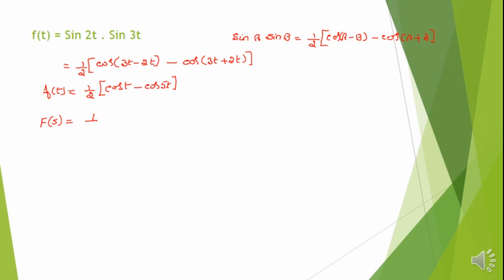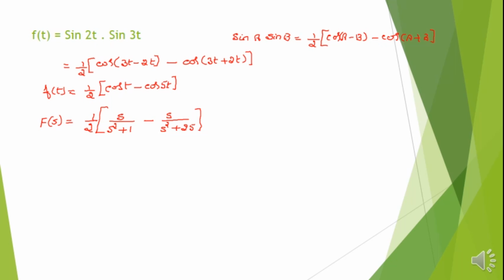So half into, based on the superposition property, cos t and cos 5t, the sum of the two functions, equals the Laplace transform of the individual ones. The Laplace transform of cos t is s by s square plus 1 minus s by s square plus 25. So this is F of s.